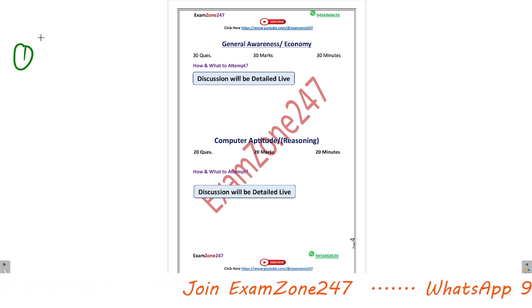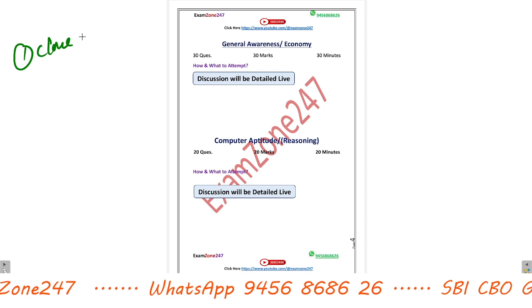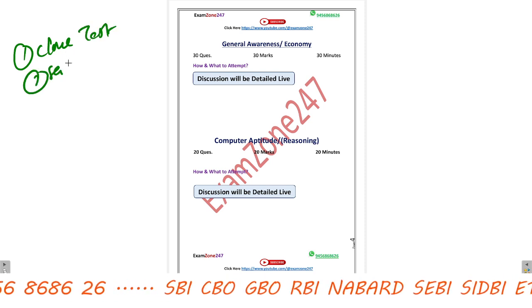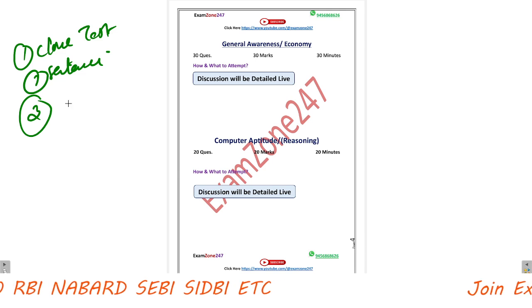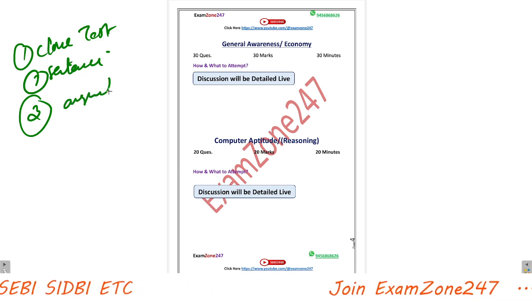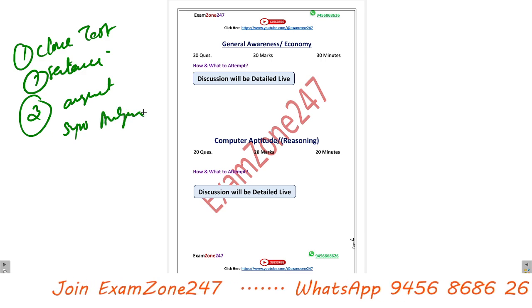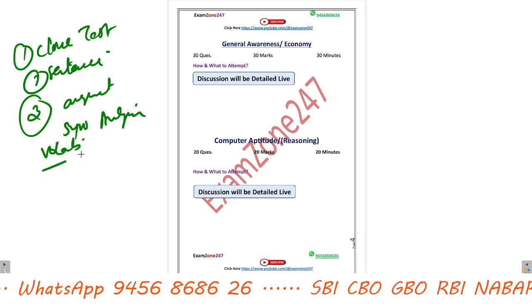Okay. In the English section, we already said how you will be attempting. You will attempt first either sentence correction, cloze test, or para jumbles, sentence arrangement if there, synonym, antonym, meaning vocabulary related questions.